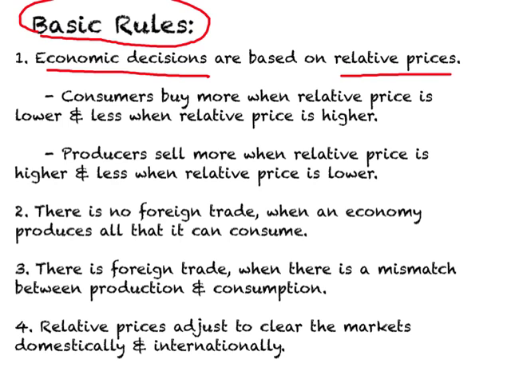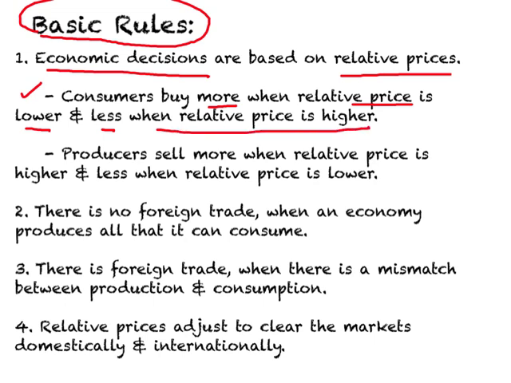You can always refer to the relevant lecture video on this one. Another thing we know is the following. When you look at the behavior of consumers, consumers will buy more when relative price is lower, and they will buy less when relative price is higher.